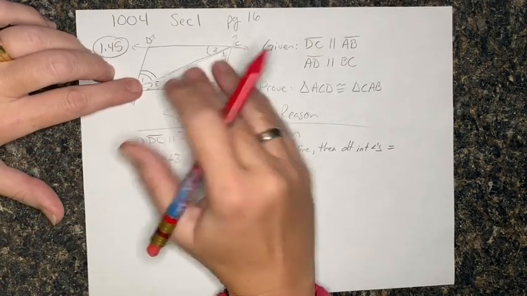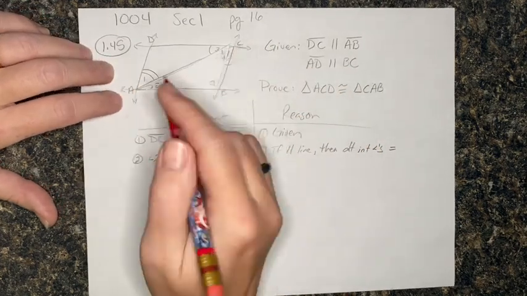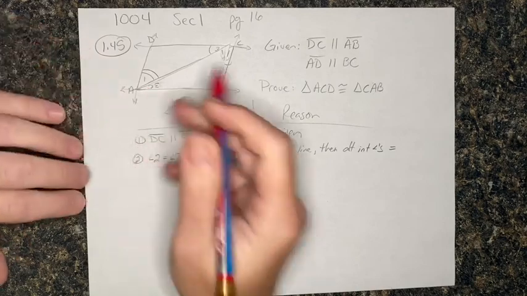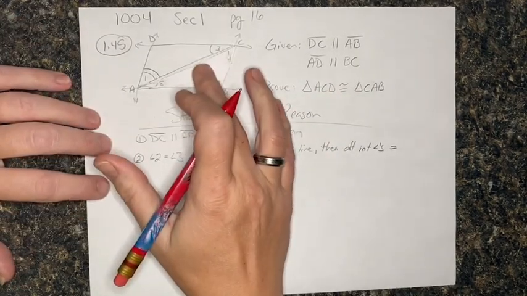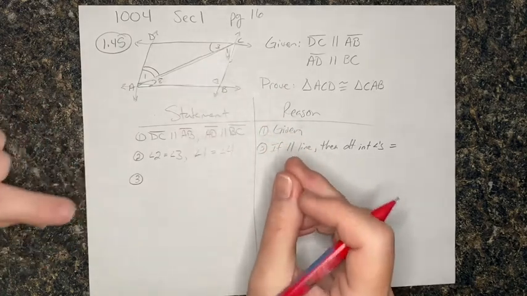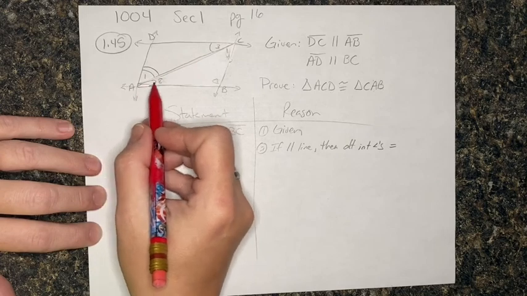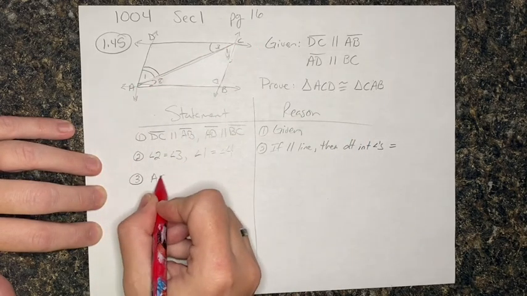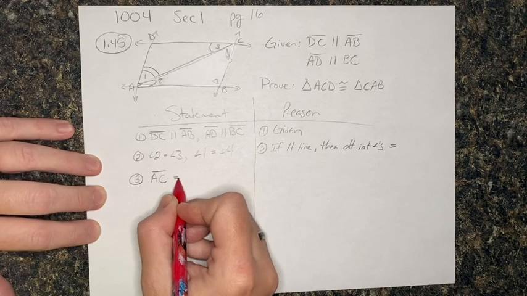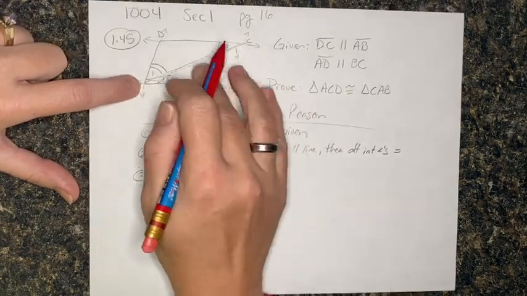Here, C and A correspond, and A and C correspond. So when we write this one, it's a little bit different, and we have to be careful that we put our corresponding points together. Here, we have to say that AC, which is this line here, is equal to CA, okay?